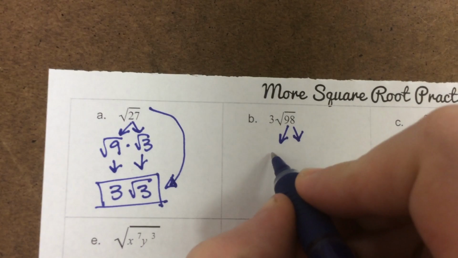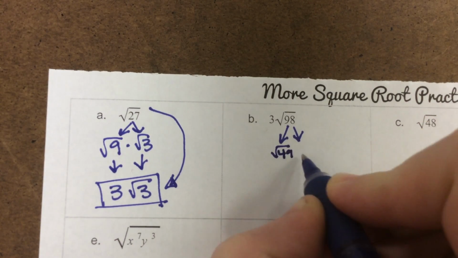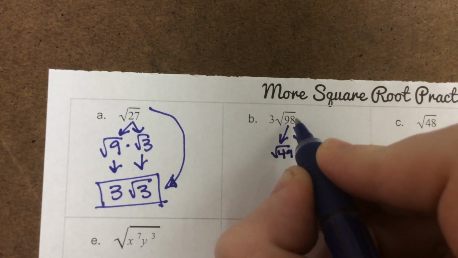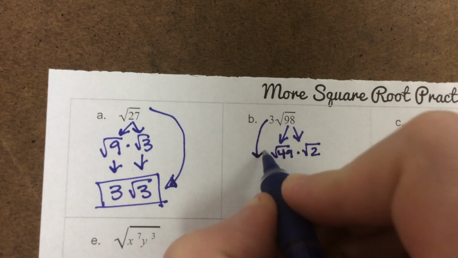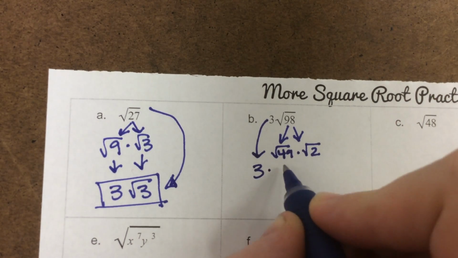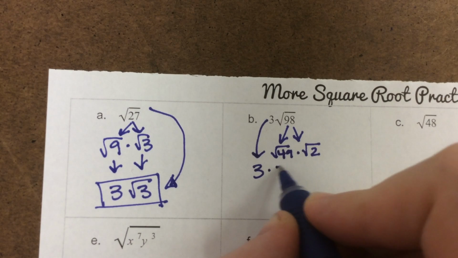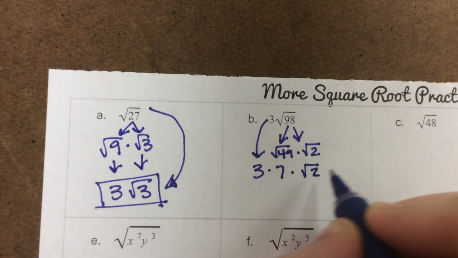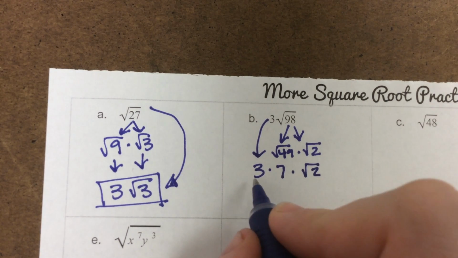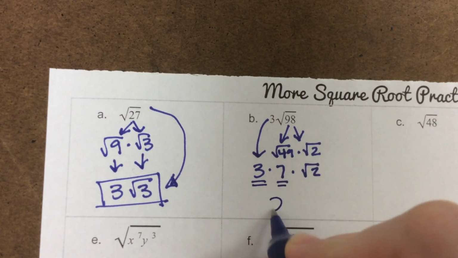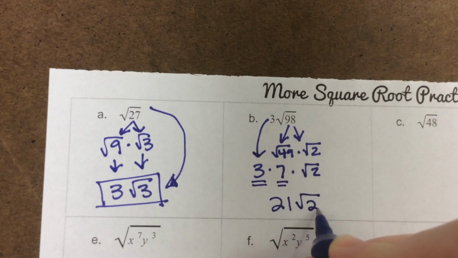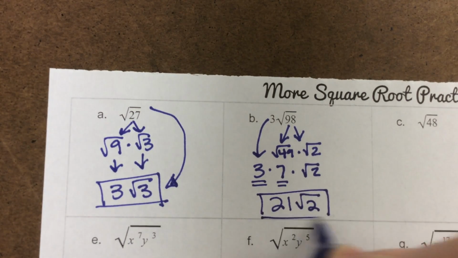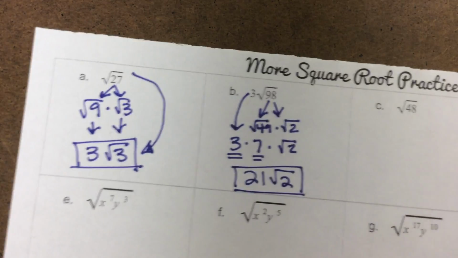So the square root of 49 times the square root of 2 is the square root of 98. We're going to save 3 to be part of our answer for later. I know the square root of 49 is 7. Square root of 2 is not pretty. So 3 times 7, 21 square roots of 2. Here's your answer for that one.